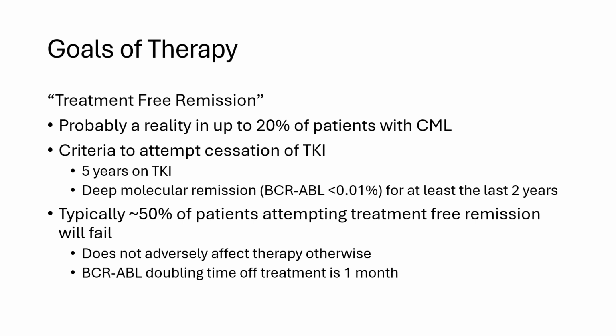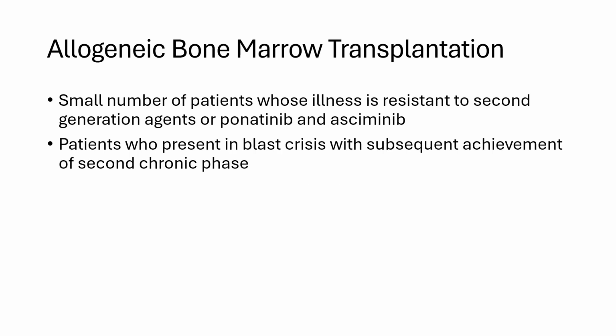And probably about 50% of people will not be able to remain treatment-free. They'll have to go back on the TKI, but that doesn't affect the therapy otherwise. If it's not working, you'll know after a month because the BCR-ABL will start doubling. Like if being off the drug is not working, that's what I mean.